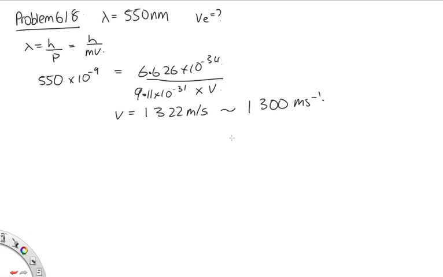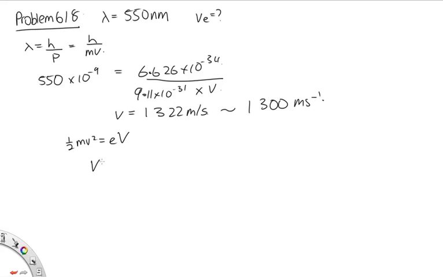And then we're asked, what voltage do we need to accelerate it to this speed? Well, we consider energy. In this case, it gains kinetic energy, and it gains that from the electrical potential energy, which is given by e times V, where capital V here is the voltage.